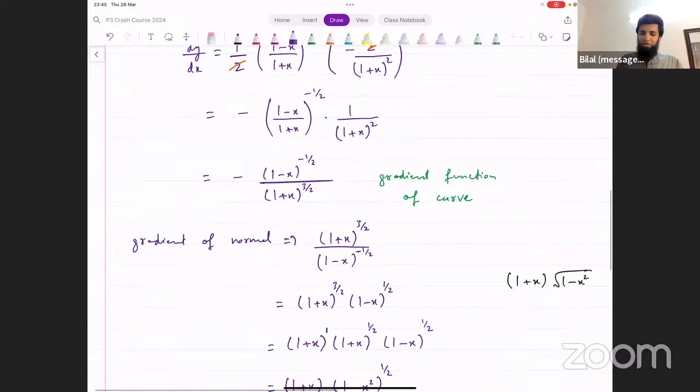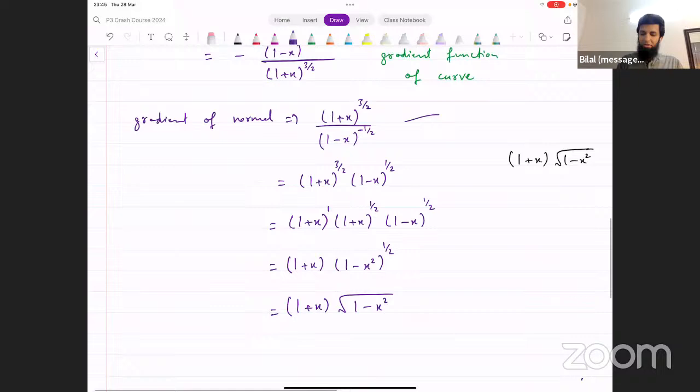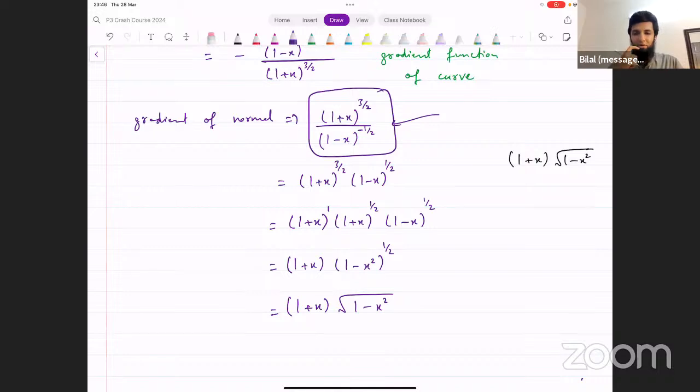You have found dy over dx. You have found the gradient of the normal. Up to this point where you have written the fraction for the gradient of the normal, you get 4 marks already, until this particular point.